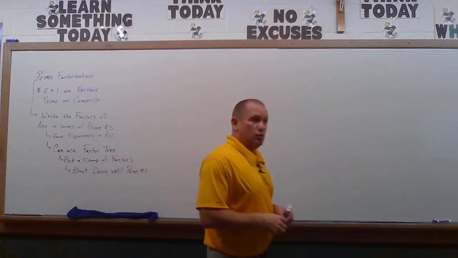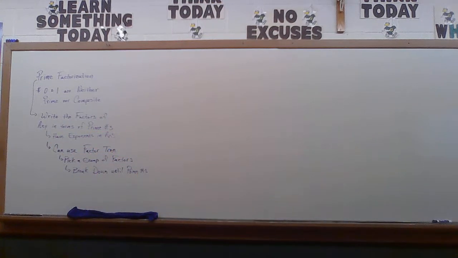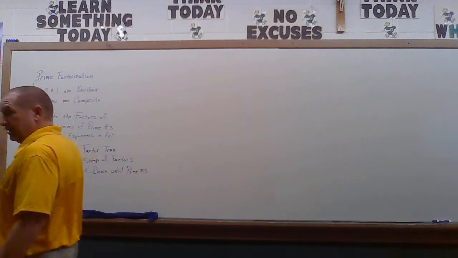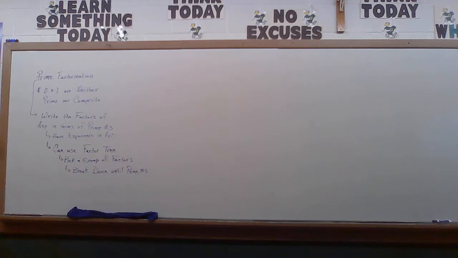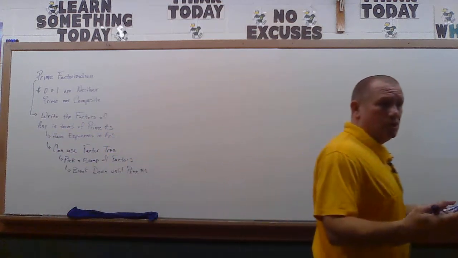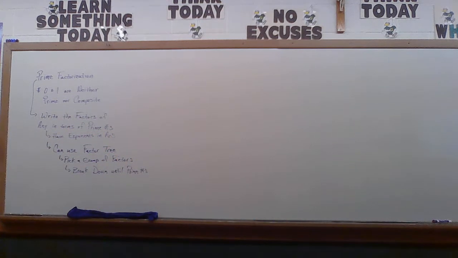So, if you compare your answer with somebody else in class, or you look in the back of the book to get some help, your tree might not look exactly the same, but it's still going to end up with the same numbers at the very end. All right? So for an example like 72, we could have multiple groups of factors at the beginning, couldn't we?